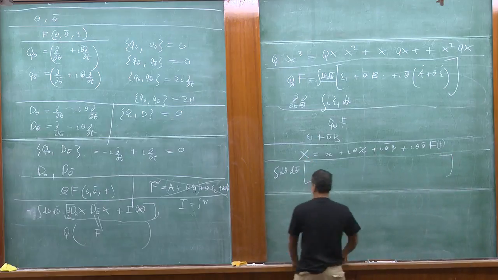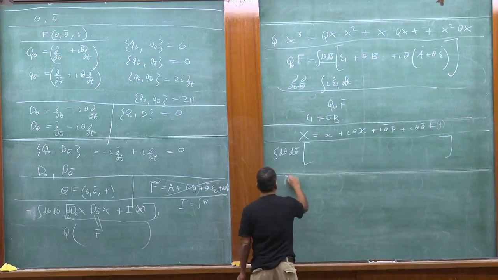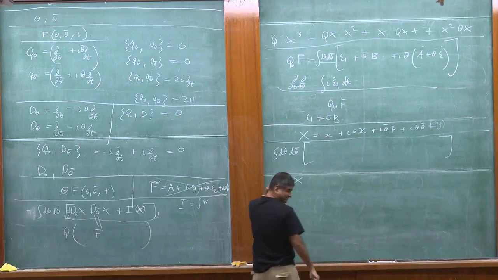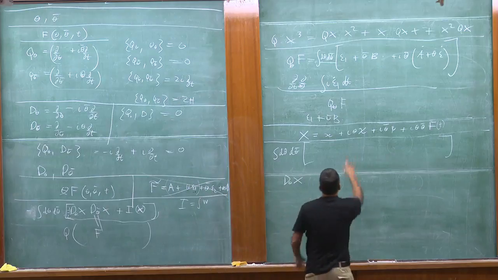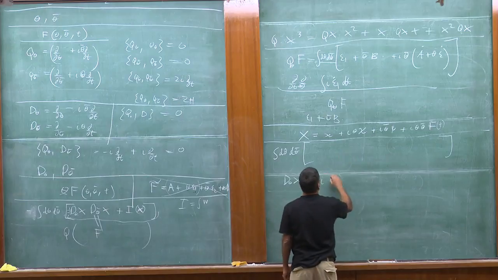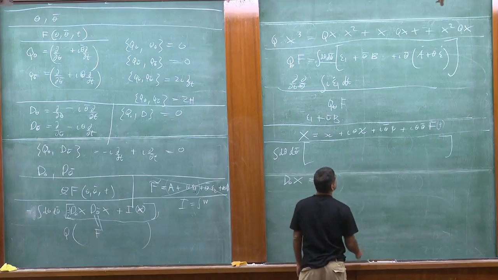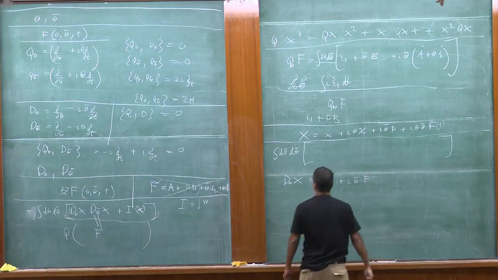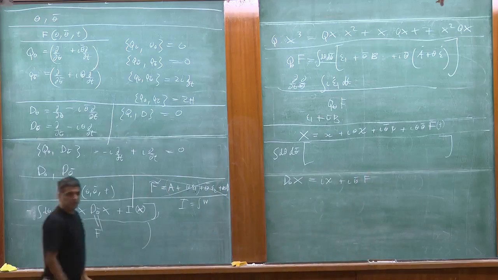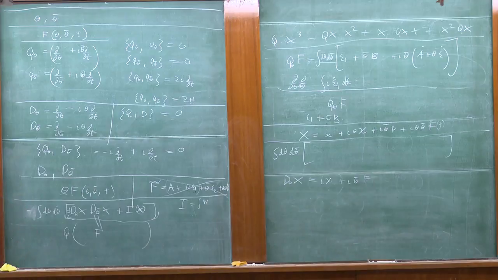So let's do it in cases. First we will evaluate d theta x. So d theta has two terms, one which is d by d theta. Okay? So with my conventions we get i chi plus i theta bar f. So far so good? The d by d theta terms are on.